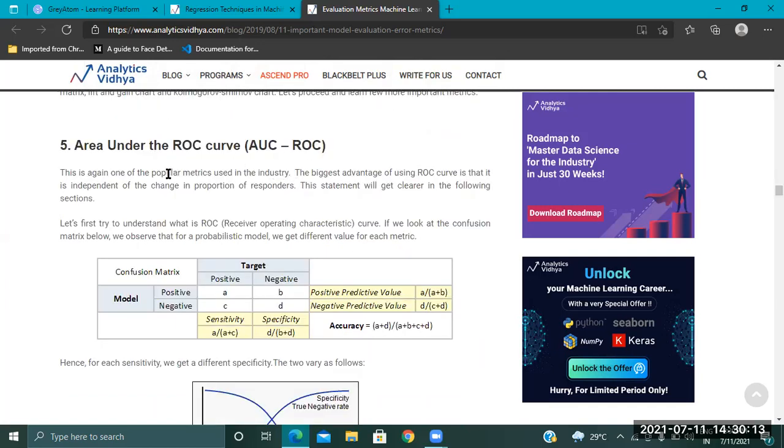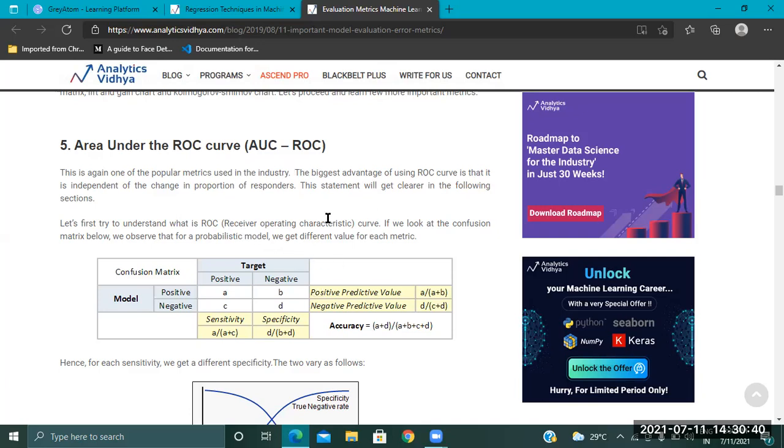And AUC ROC curve. This is again one of the most popular metrics used in the industry. Recently, almost everyone is using this AUC ROC curve to define the output, because the biggest advantage of using the ROC curve is that it is independent of change in proportion of responders. ROC is nothing but receiver operating characteristic.